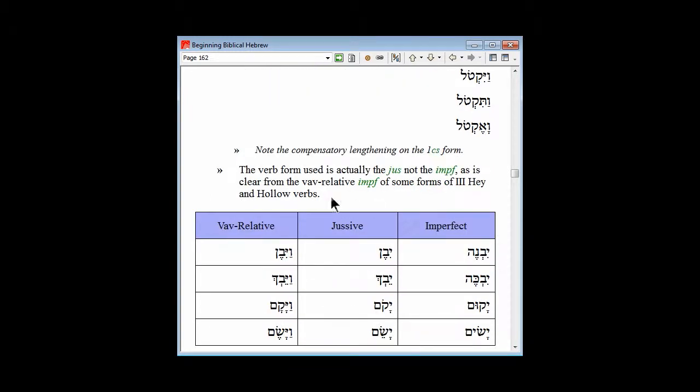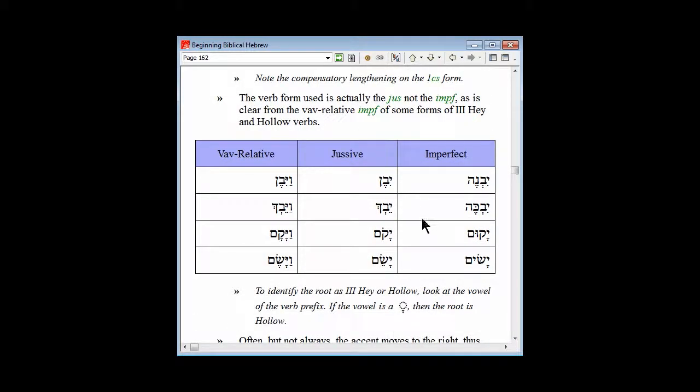Now, he notes here the verb form is usually actually the jussive and not the imperfect, as is clear from the Vav relative imperfect of some forms of third hey. You know, this is all well and good, but I want you to notice something. I'm going to summarize the point here, and you won't have to worry about whether it is jussive or an imperfect form. Look at the imperfects here.